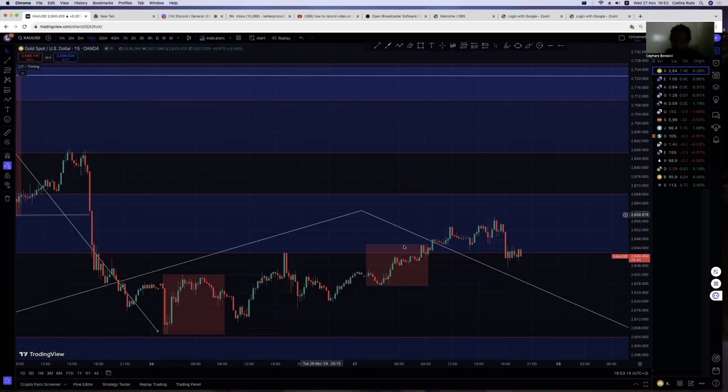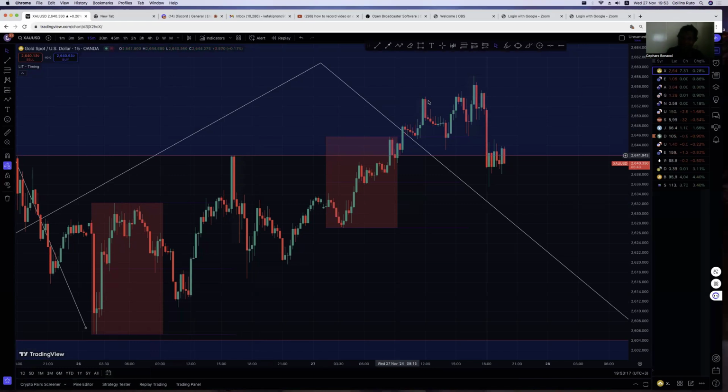For example, if this is our daily imbalance and we are inside it, I can come and realize that this is the high. We came and created this low, that low created this high, then that high broke this low.